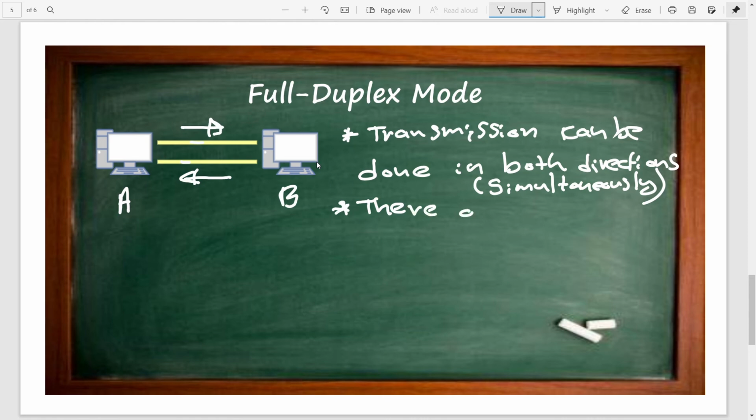There are two simplex links between sender and receiver.